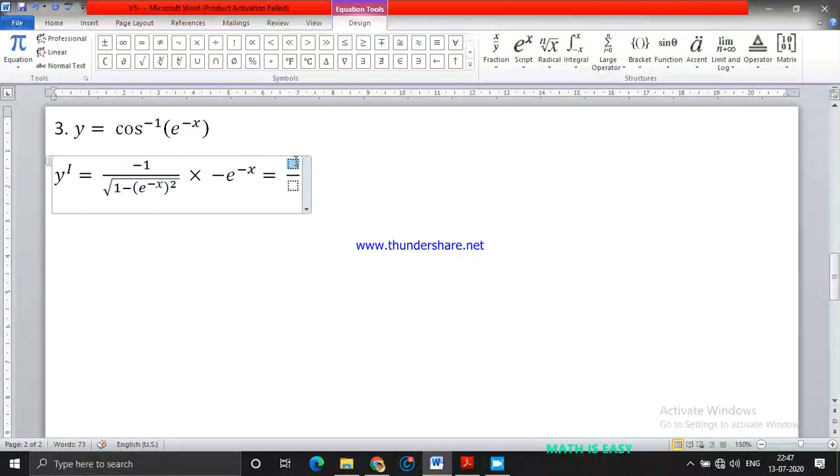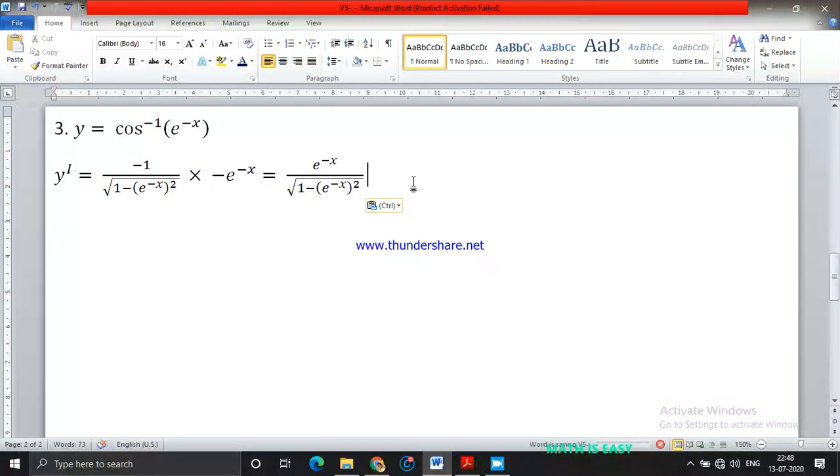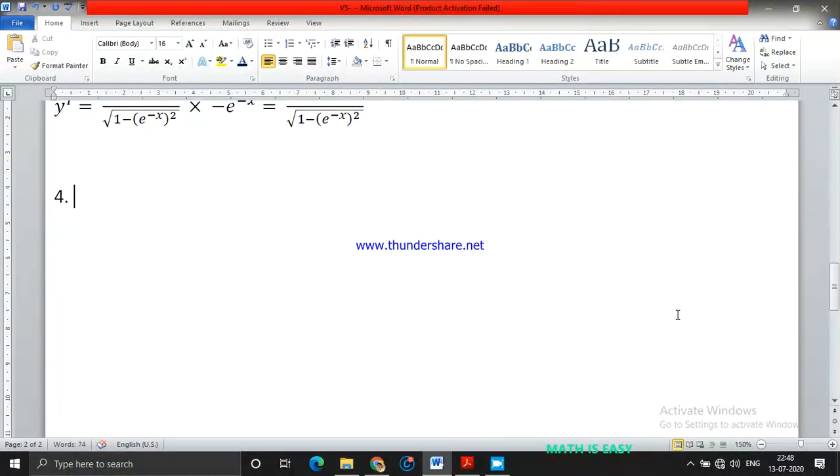So simply you have e to the power minus x. 1 into e to the power minus x is e to the power minus x, and the denominator term will remain as it is, no change in the denominator. So that's the answer of that function. So you have to apply the chain rule as well as the exponential formula.